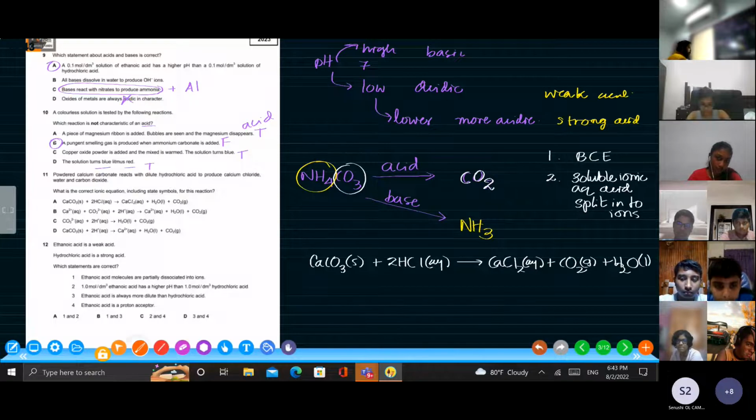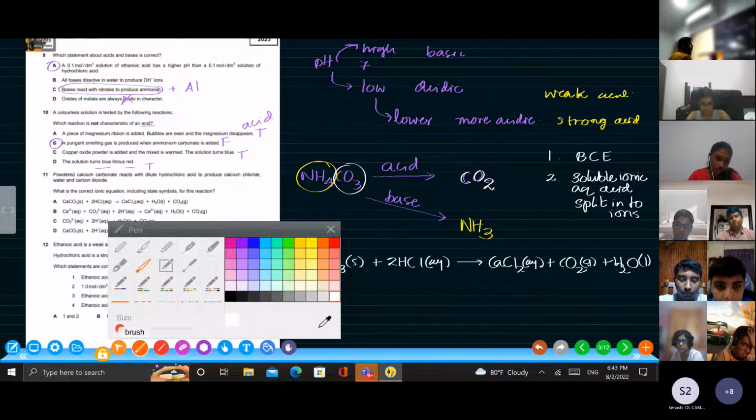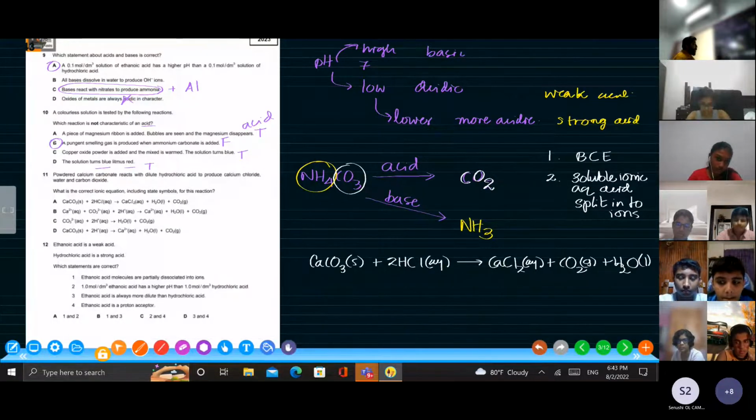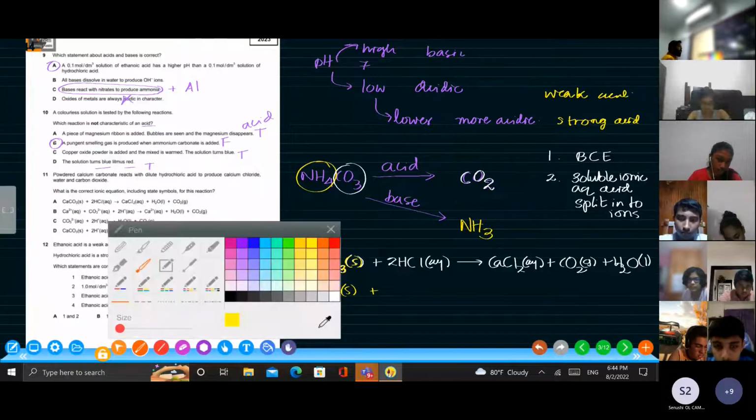Am I going to split calcium carbonate? Why not? It is a solid. So I'm not going to split it; I'm going to keep it as it is. Am I going to split HCl?